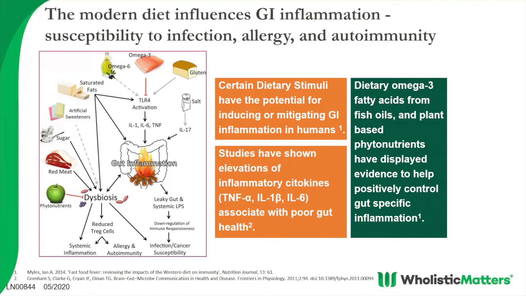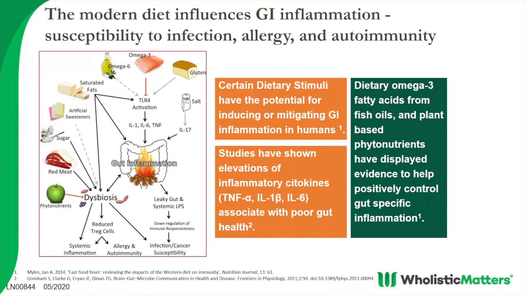Now, contrary to this, you have additional components that can be relatively protective. So certain dietary omega-3s from fish oils, as well as plant-based phytonutrients, have displayed a lot of evidence to help positively control this gut-specific inflammation and be helpful for people.